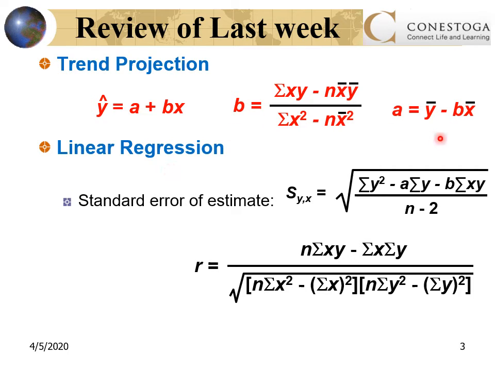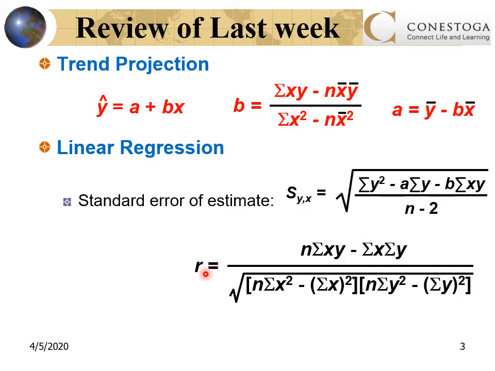So always remember, if you get an R squared value greater than 0.8, that means the regression you have found is really good. If R squared is between 0.6 and 0.8, the regression line is still okay but not so great.